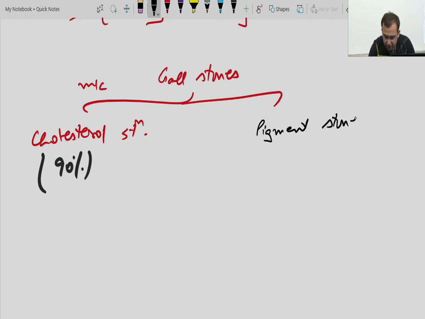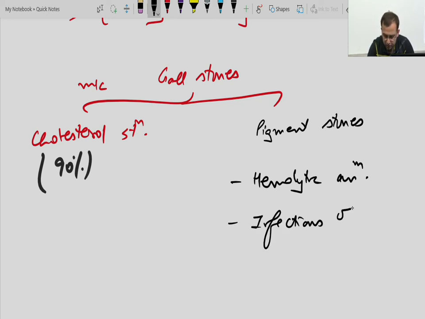Pigment gallstones are associated with hemolytic anemias and infections of the biliary tract.